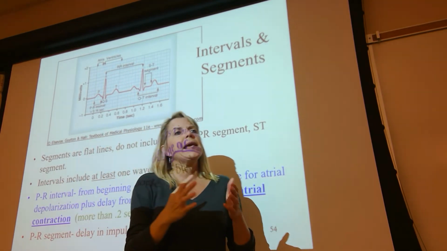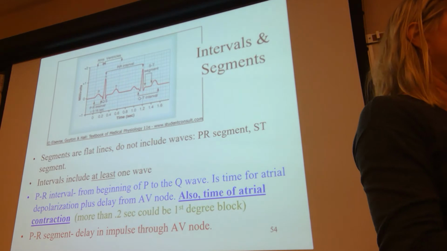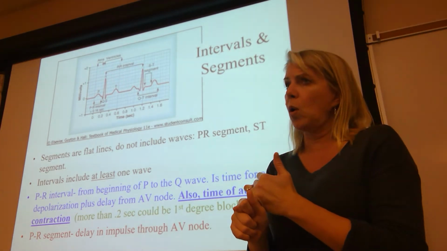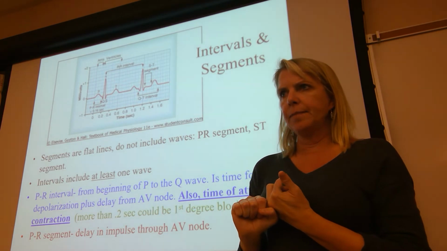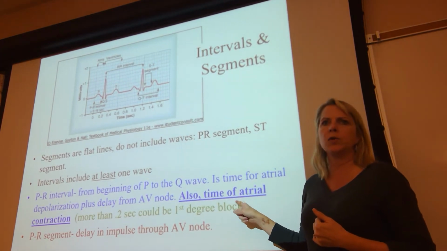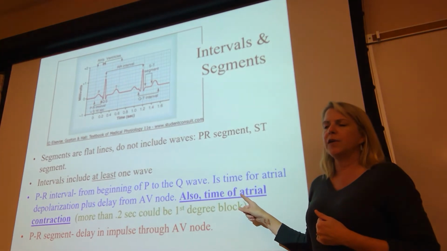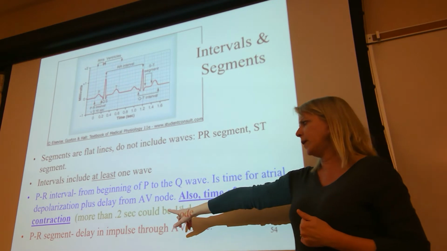The importance of the PR interval is that it shows you the time required for atrial depolarization plus the AV nodal delay. This is the one we want you to know the normal time for. A normal PR interval should not be more than 0.2 seconds.